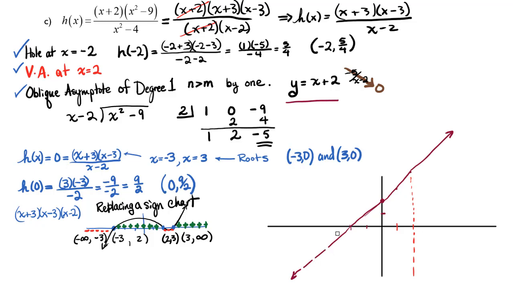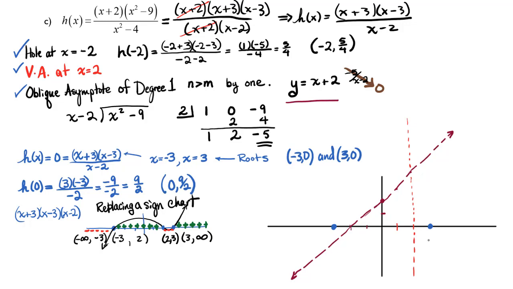We'll make this oblique asymptote a diagonal dotted line. I'm now going to color in the zeros or roots of this rational function. They are at (-3, 0) and at (3, 0).